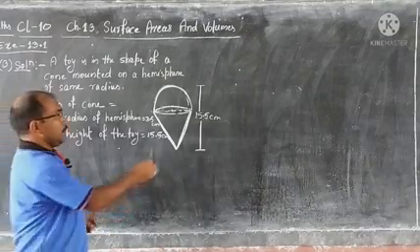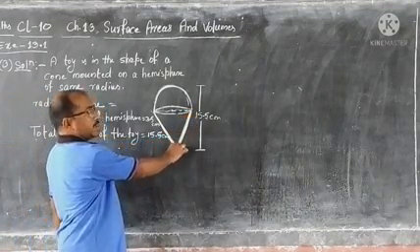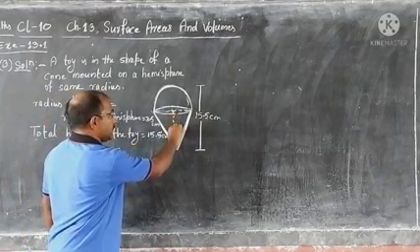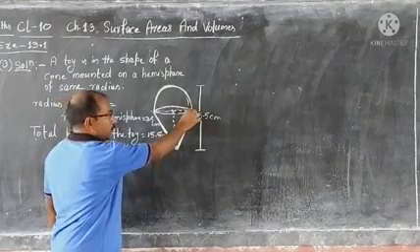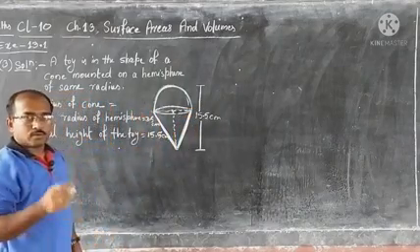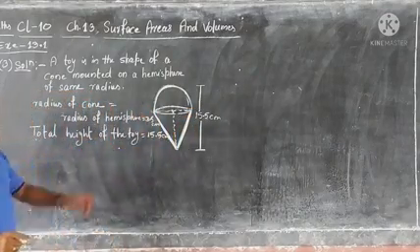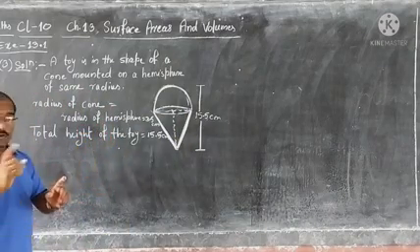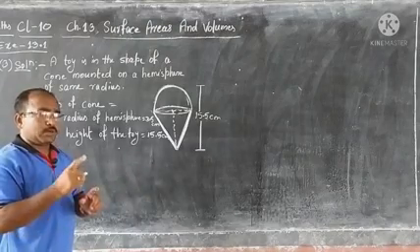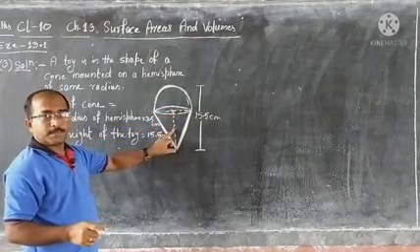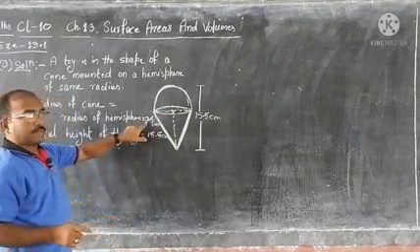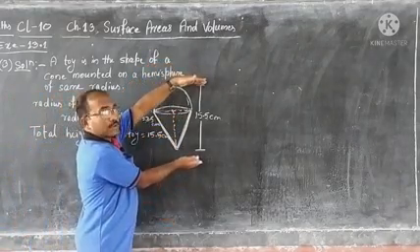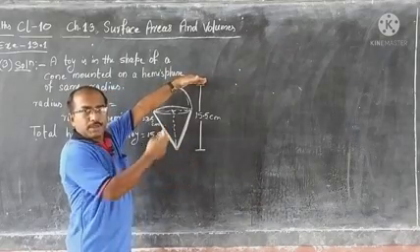That means we need L, the slant height of the cone. You know that a cone has two heights, one vertical height and another slanting height. To calculate the curved surface area of the conical portion, we need L. To get L we need to know radius and height. Radius is known, 3.5, but the height of the conical portion is not known. Height is given for the whole toy.